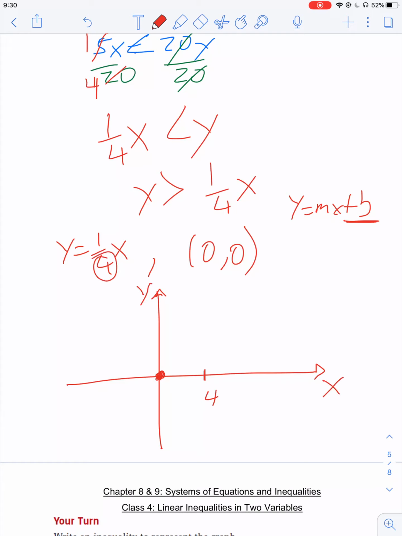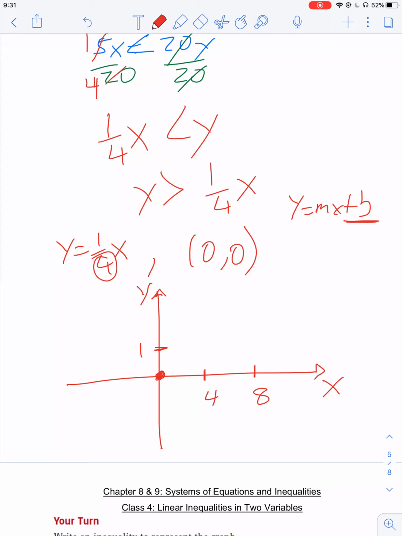Okay, so if your denominator is 4, a wise thing to do will be to scale your x-axis by 4 to avoid fractions. Okay, so at 4, if I plug in 4 into my equation, I'm going to get 1. Okay, because a quarter times 4 basically gives me 1.